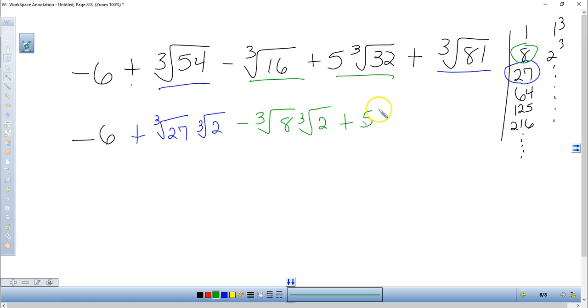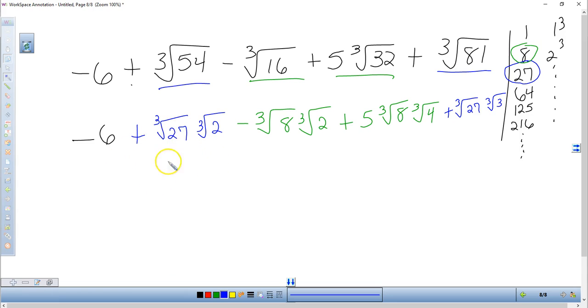Here I've got 5, and then I'm going to have the cube root of 8 and the cube root of 4. So 8 times 4 is 32. And finally in blue I've got the cube root of 27 and the cube root of 3. 3 times 27 is going to give you 81.